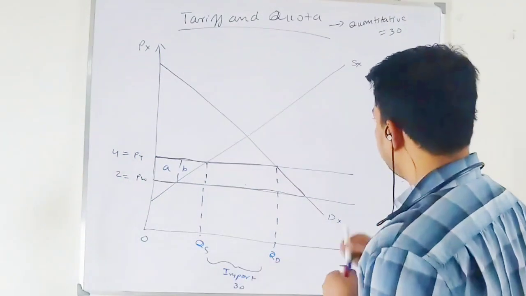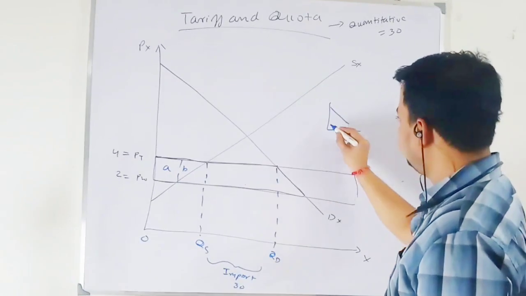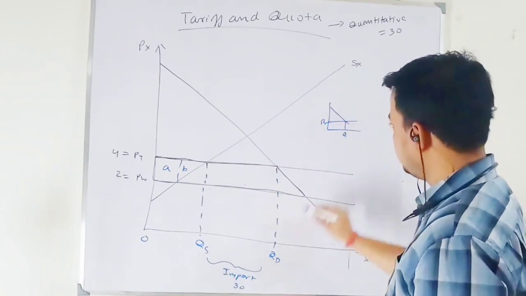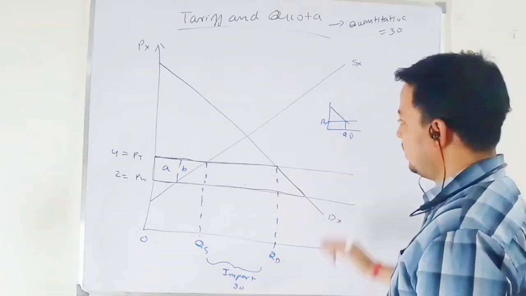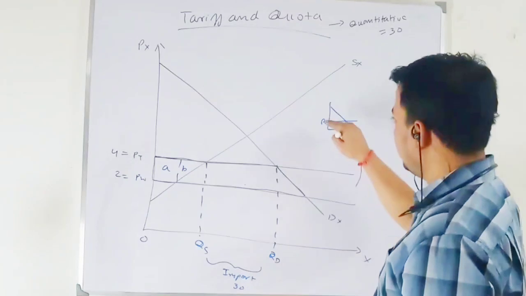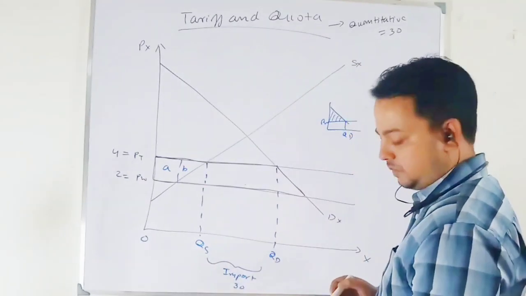Why? Look at this graph. This is the consumer demand curve. This is the free trade price. This is the quantity demanded, this QD. What is consumer surplus? Area below the demand curve and above the price level. On this is your consumer surplus.